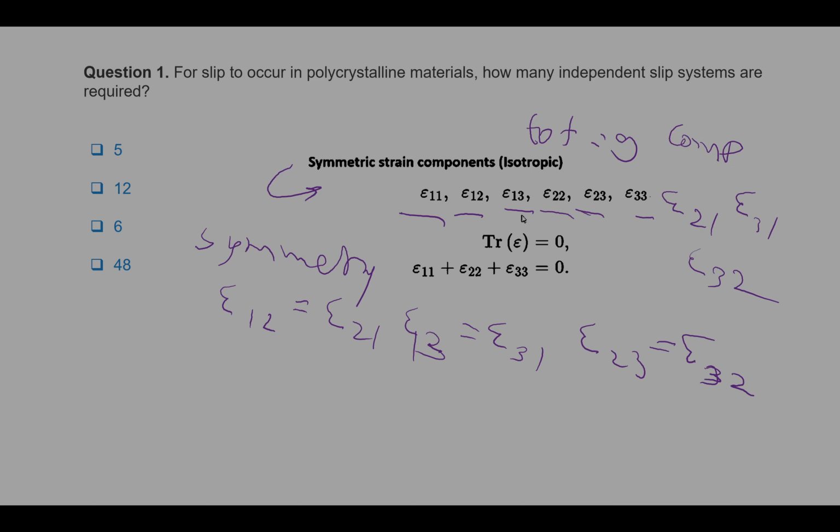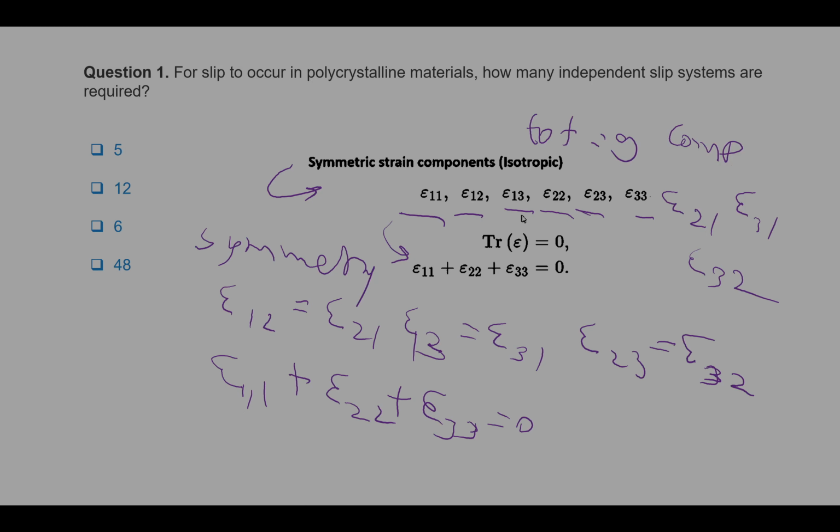And due to the volume conservation during plastic deformation, epsilon 11 plus epsilon 22 plus epsilon 33 is equal to 0.